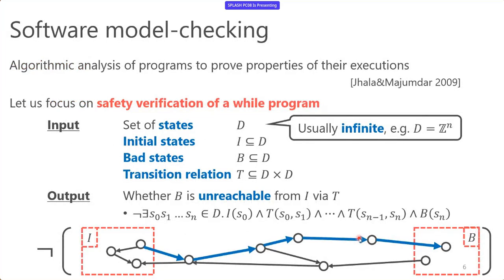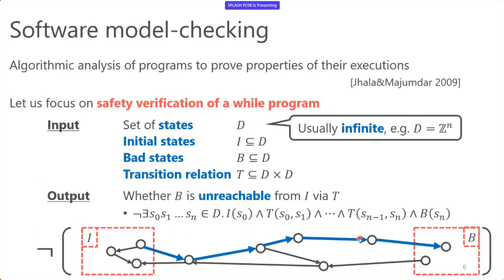Software model checking is an algorithmic analysis of programs to prove properties of their executions. So let us focus in this talk on safety verification of a while program, where the input is a set of states D, initial states I, which is a subset of D, bad states B, and a transition relation T on D. Usually, the set of states is infinite.